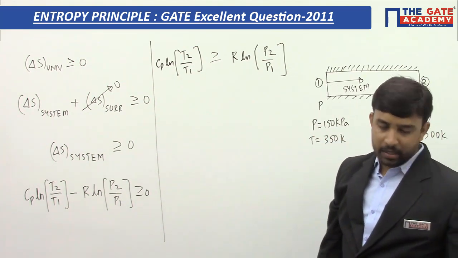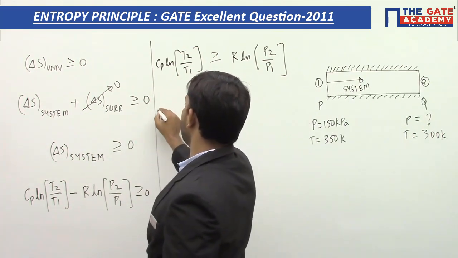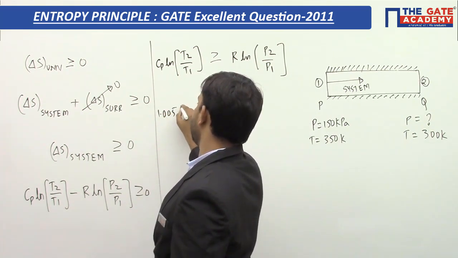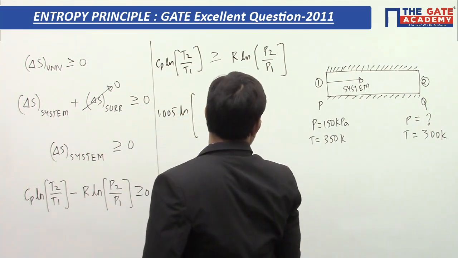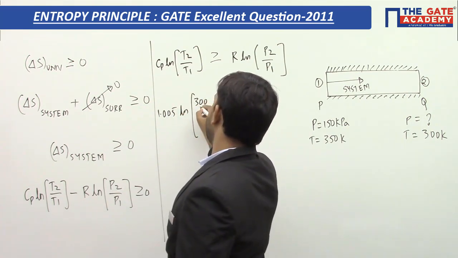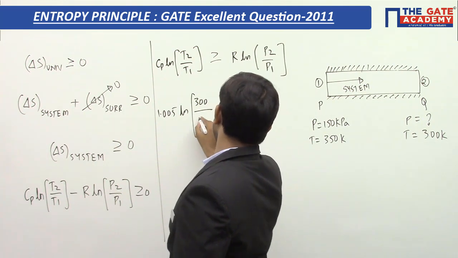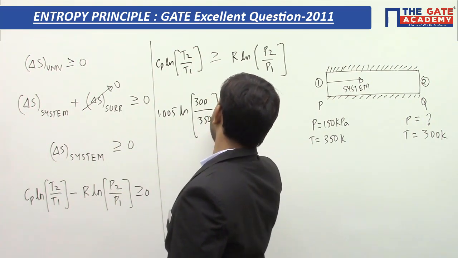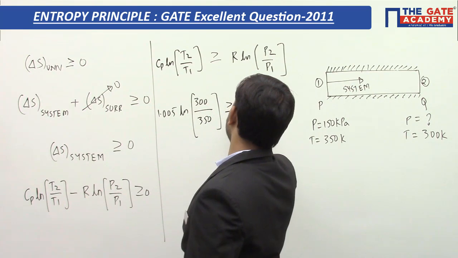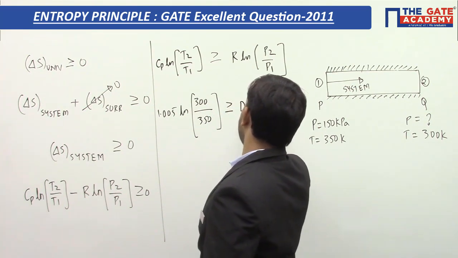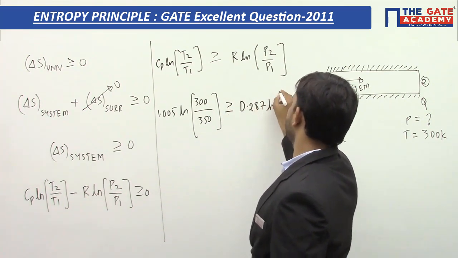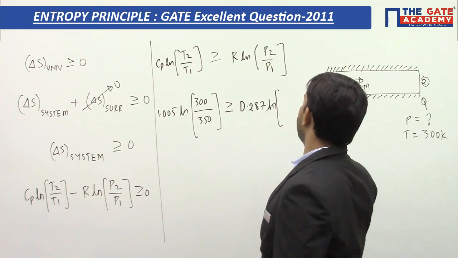The values of Cp and Cv are given in the question. Cp is given as 1.005 log T2 by T1. So T2 is 300 Kelvin and T1 is 350 Kelvin. This must be greater than or equal to R, which is 0.287, into log P2 by P1.